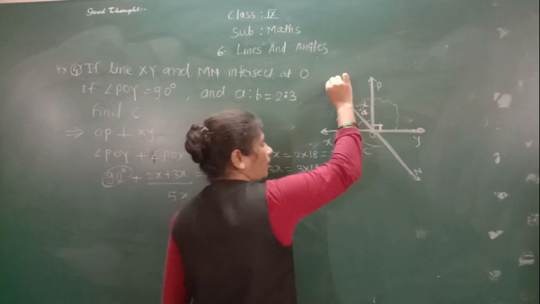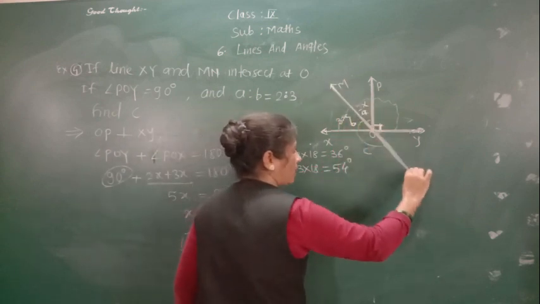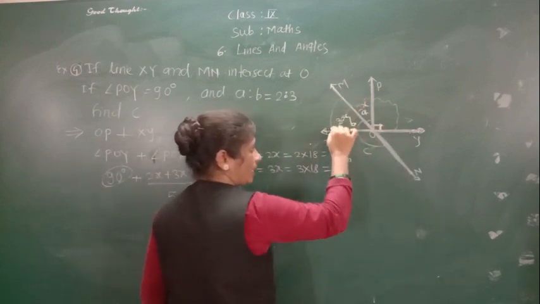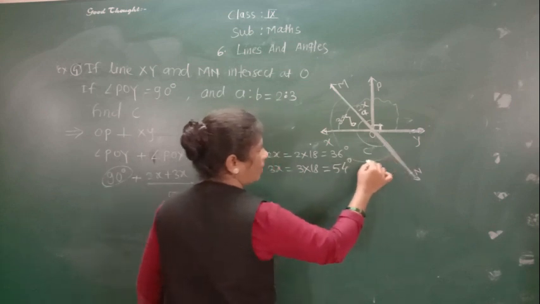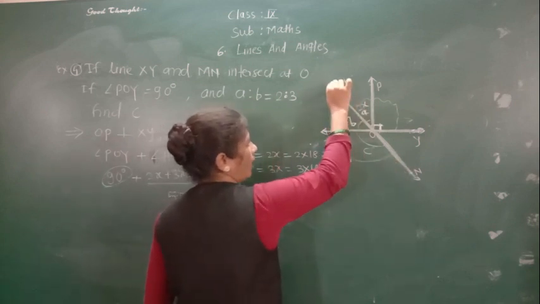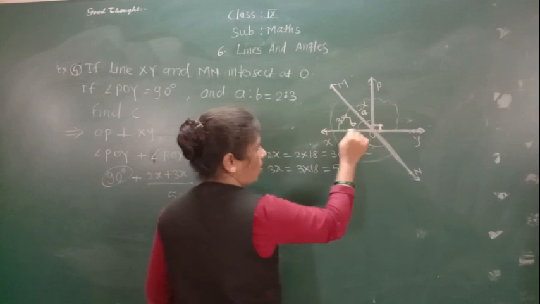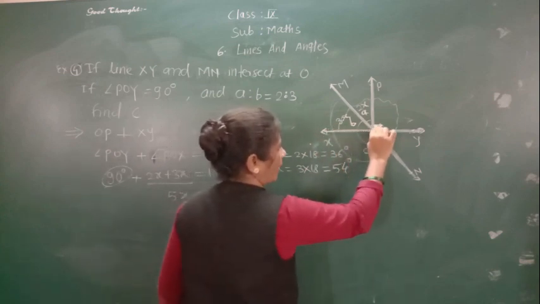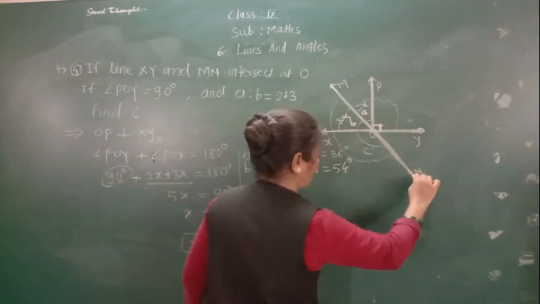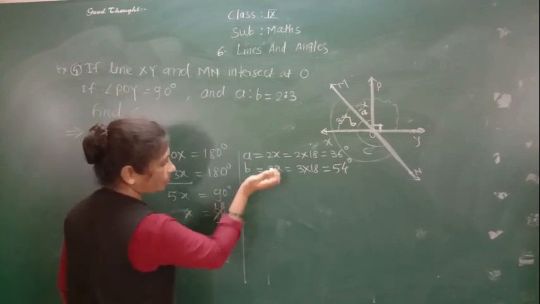Now, as I explained before, if MN is a straight line, then this angle pair forms a linear pair. Which one? Angle MOX plus angle XON.